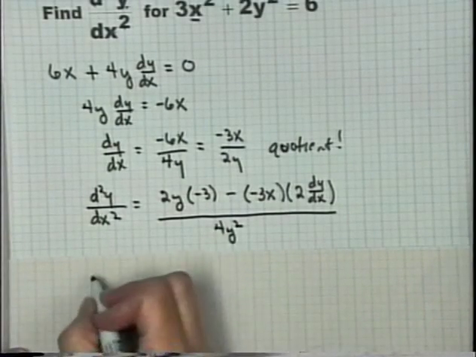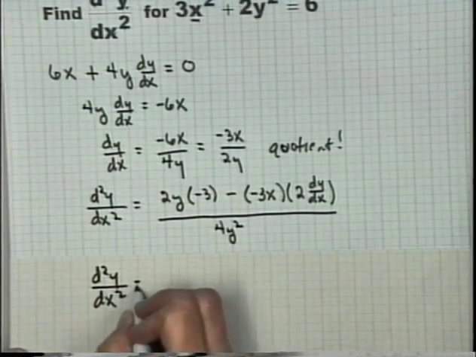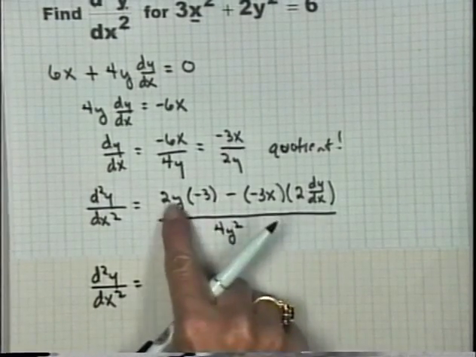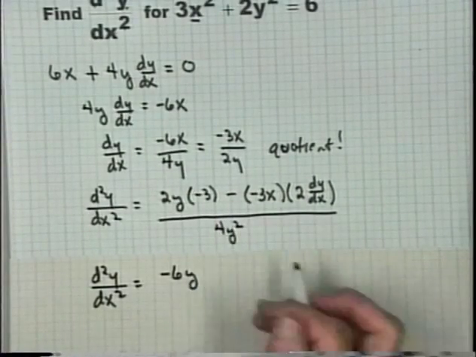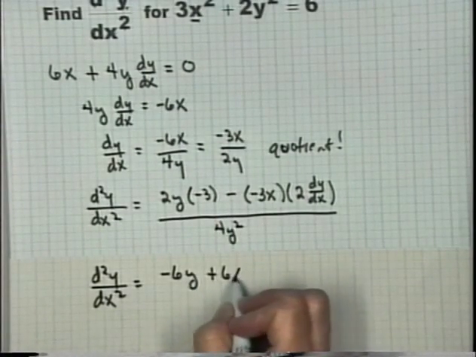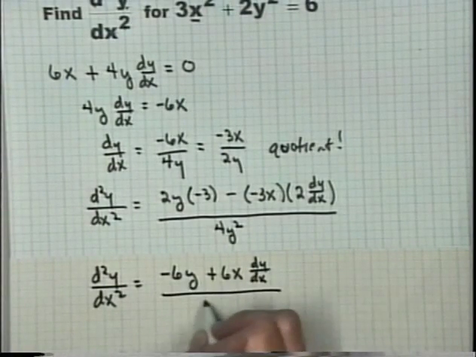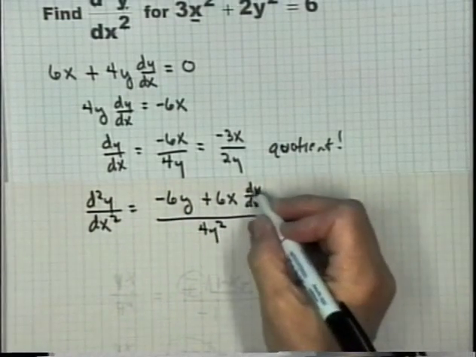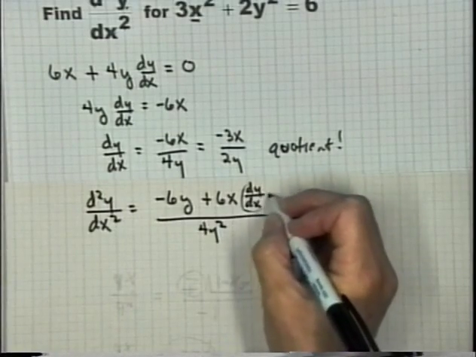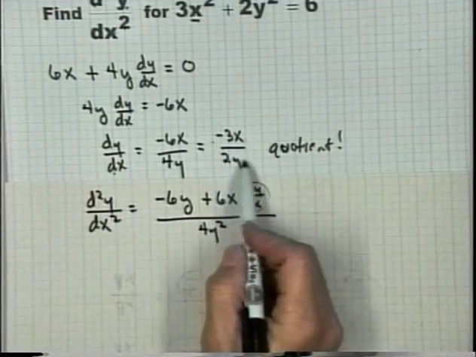So let's rewrite the second derivative of y with respect to x. This is just negative 6y. And then a negative times a negative, we're going to get a positive 6x times dy dx over 4y squared. Okay? Now, notice right here where you've got dy dx, we know that dy dx is negative 3x over 2y.